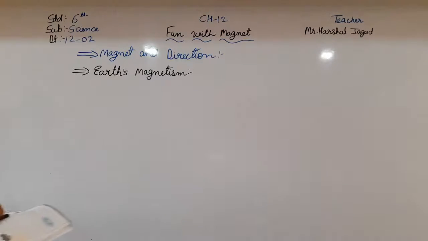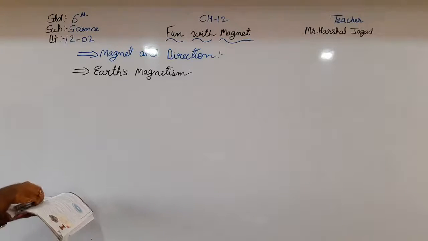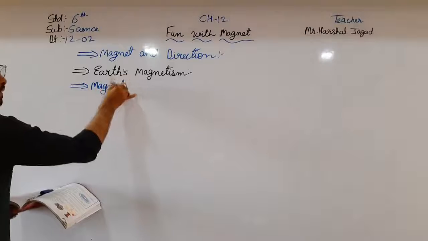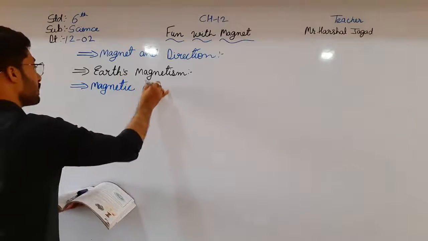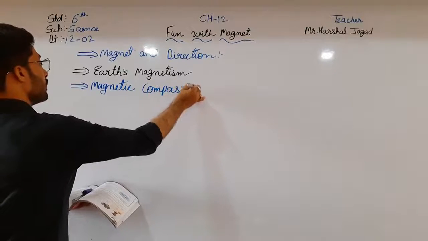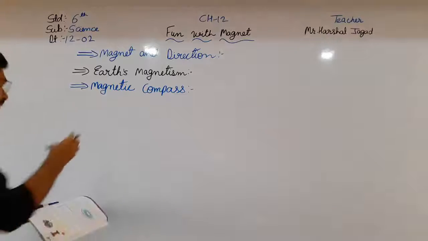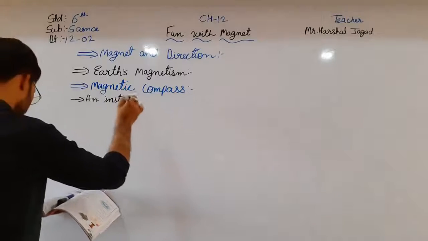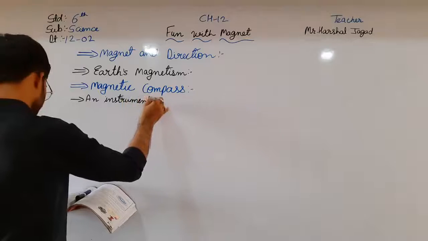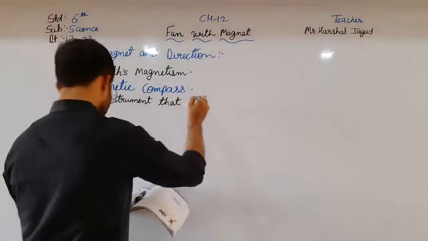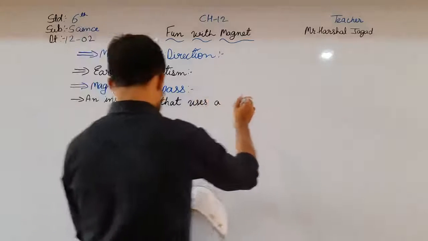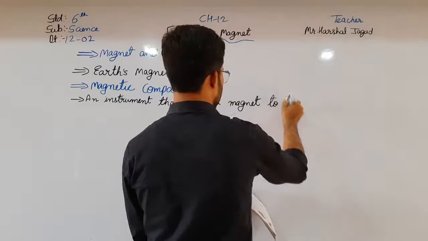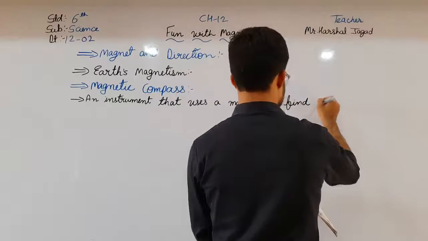A magnetic compass is an instrument that uses a magnet to find direction.